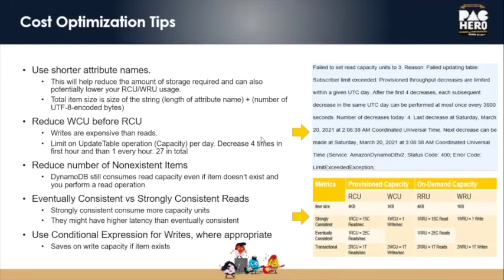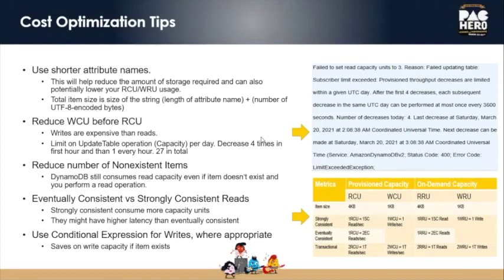Next tip is selecting between eventually consistent versus strongly consistent reads. As I mentioned earlier, 1 read request unit or 1 read capacity unit equals 1 strongly consistent read. In on-demand, it will be 1 strongly consistent read. In provisioned capacity, it will be 1 strongly consistent read per second.